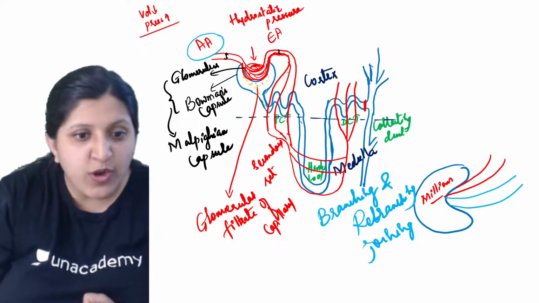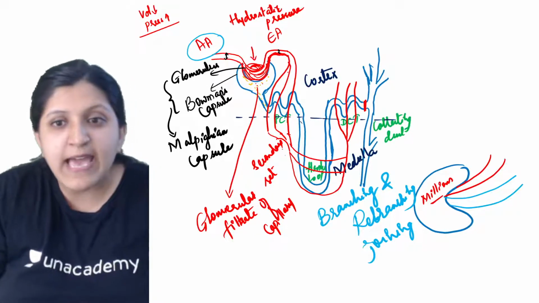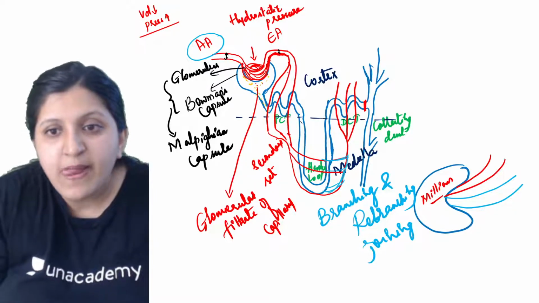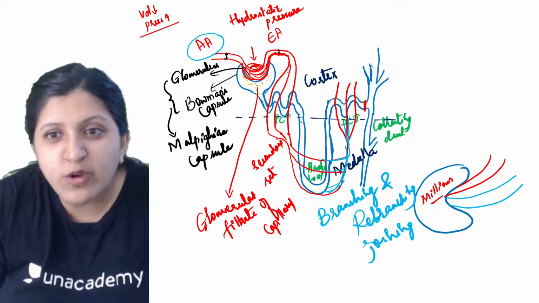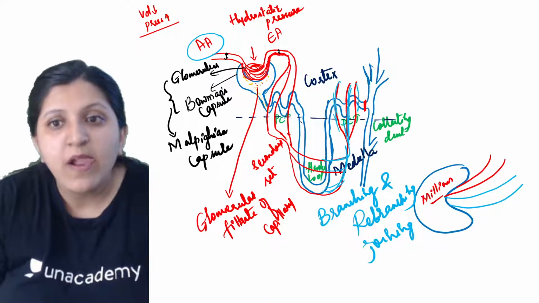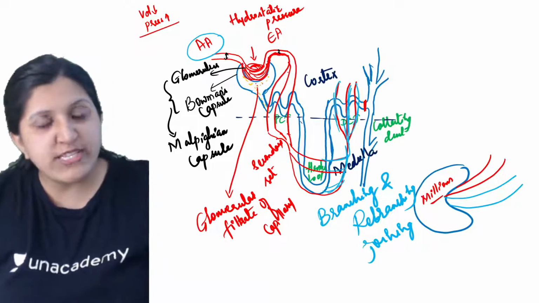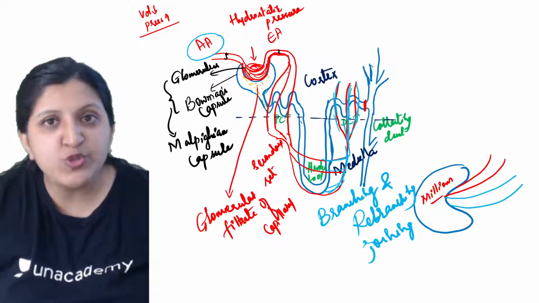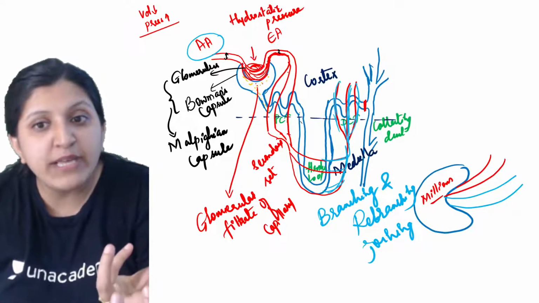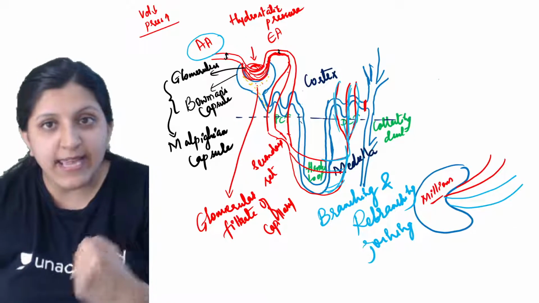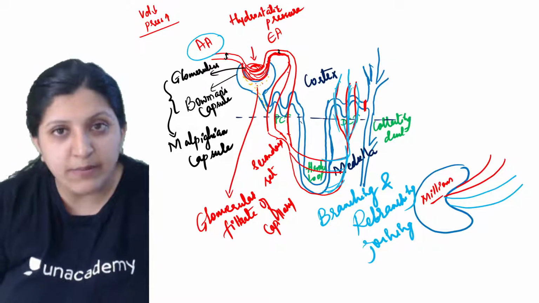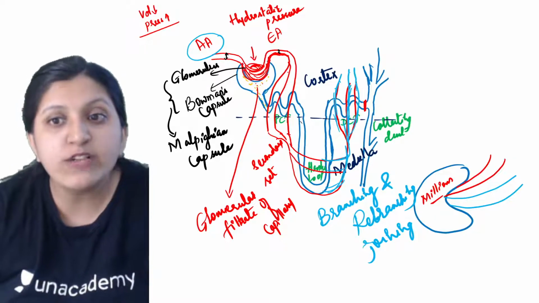I need to draw this in blue color so that you can understand, from here itself, because gaseous exchange has taken place. That means oxygen supply has been done to the tissues of the nephron, and the carbon dioxide formed in these tissues is collected. That is why the blood which is leaving is cleaned blood, but it is deoxygenated blood.